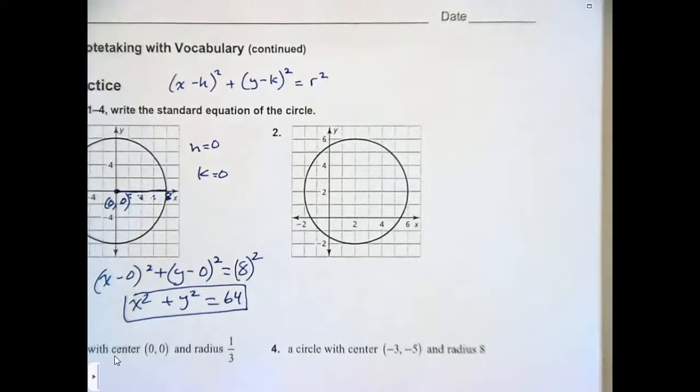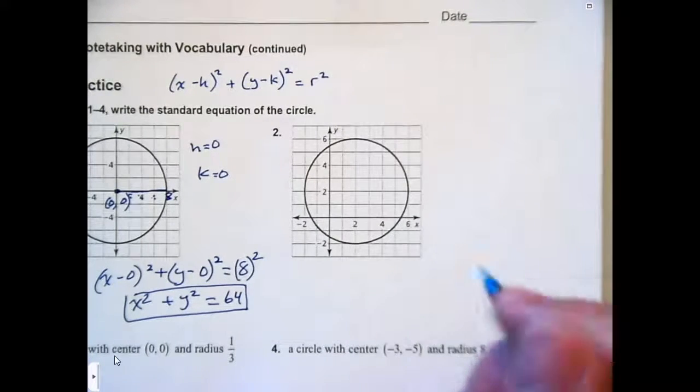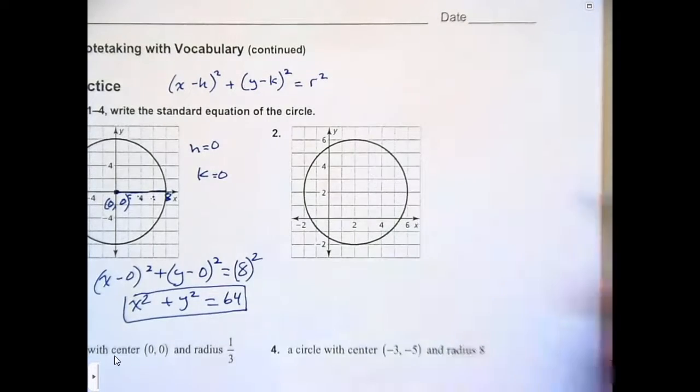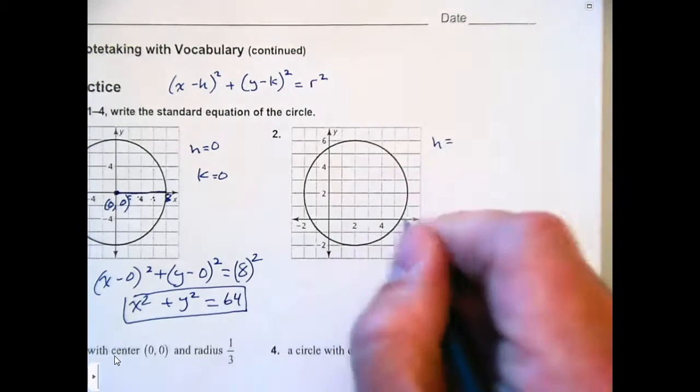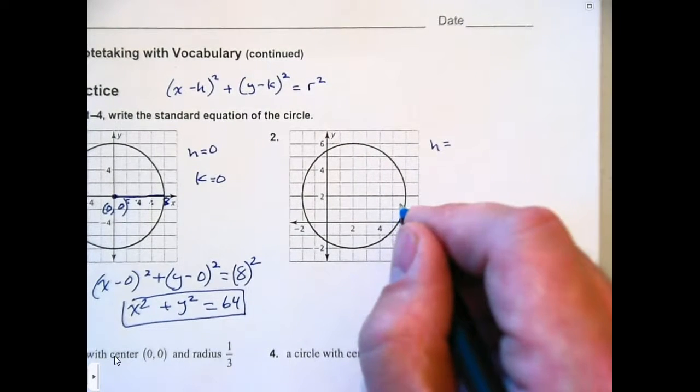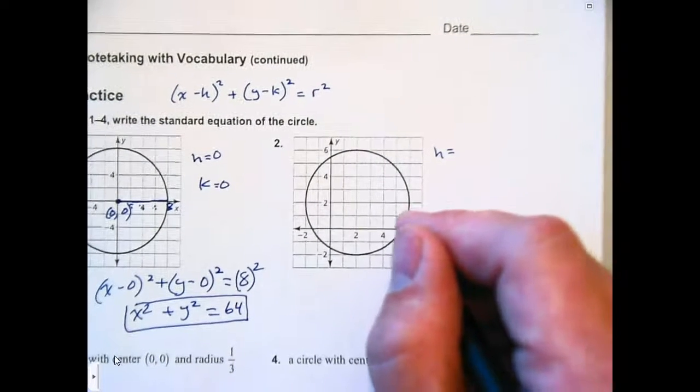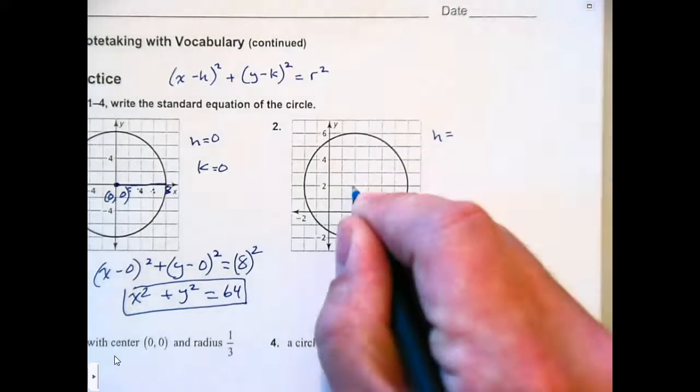Okay, tell your neighbor what you got for number 2. All right, Maddie, what did you get for our center? Got 2, 2?